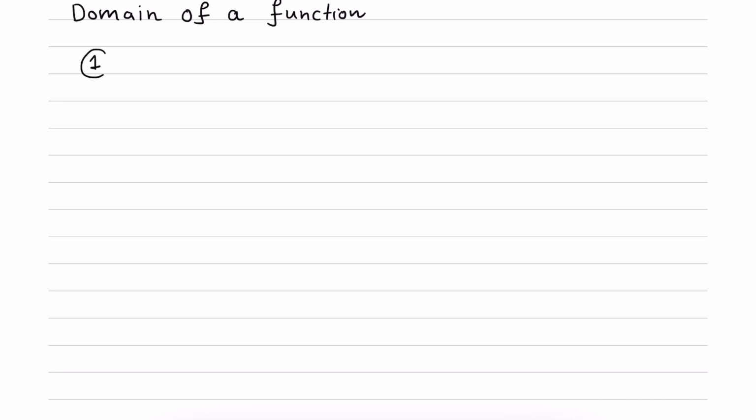We have a function. Let's say y is equal to tan x. It's a trigonometric function and we have to find all allowable x's, which we will then call the domain of this function. In this case, if we plug in x equal to 45, and 45 is an angle, we get y equal to tan 45, and you can use the calculator to find tan 45, which is 1.